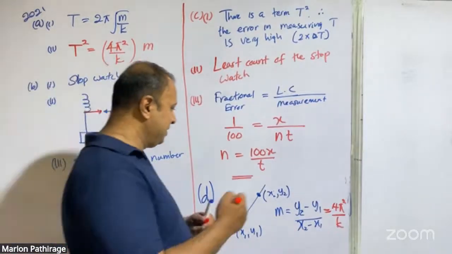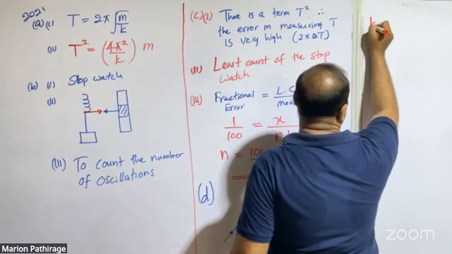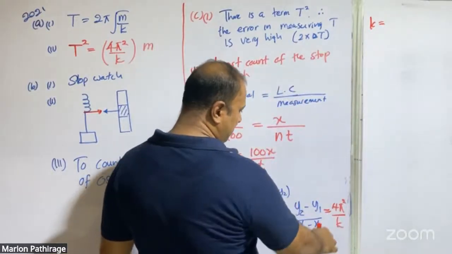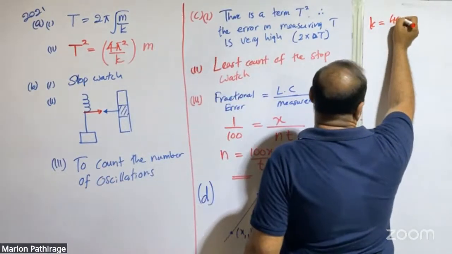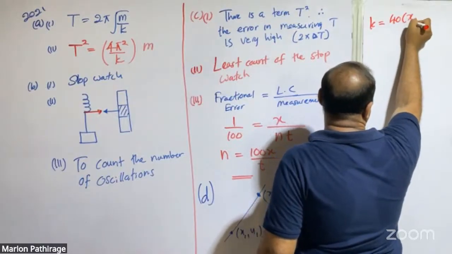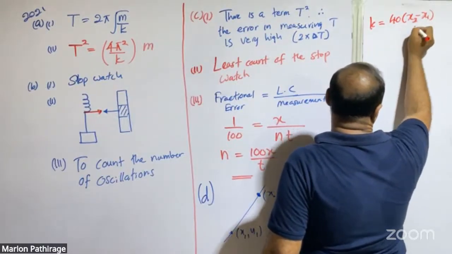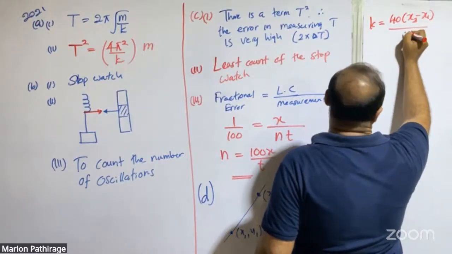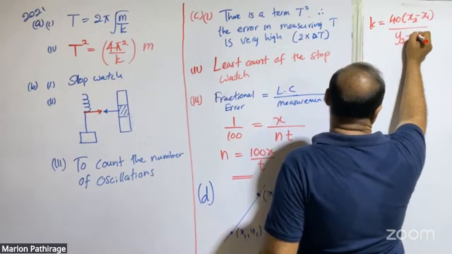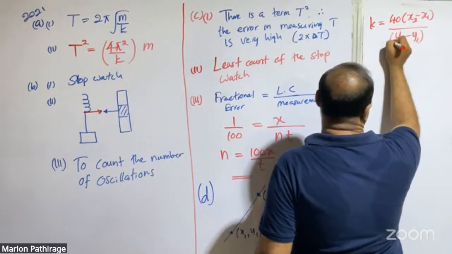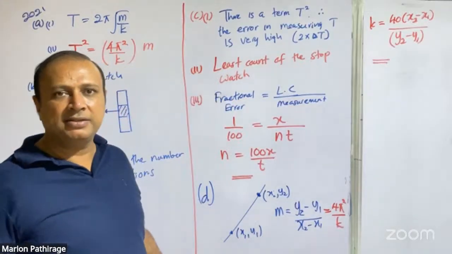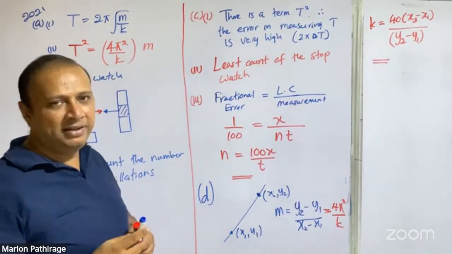Therefore, k should be equal to 40 into (x2 minus x1) divided by (y2 minus y1). Use whichever x1, y1, x2, y2 you like.